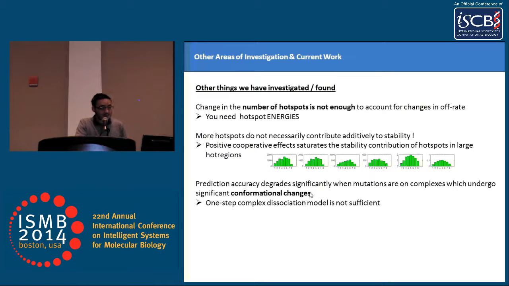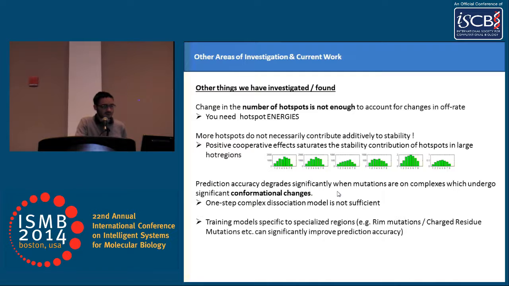What we found is that the prediction accuracy significantly degrades for complexes which undergo conformational changes, but to a certain extent this is expected because we are only assuming a one-step complex dissociation model, and for that we need a two-step complex dissociation model, and we need to also characterize the transition state, but that is not trivial.